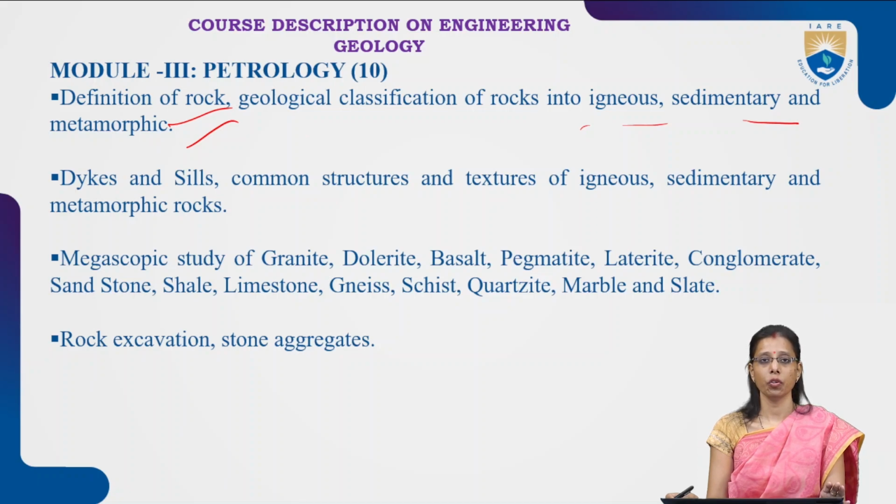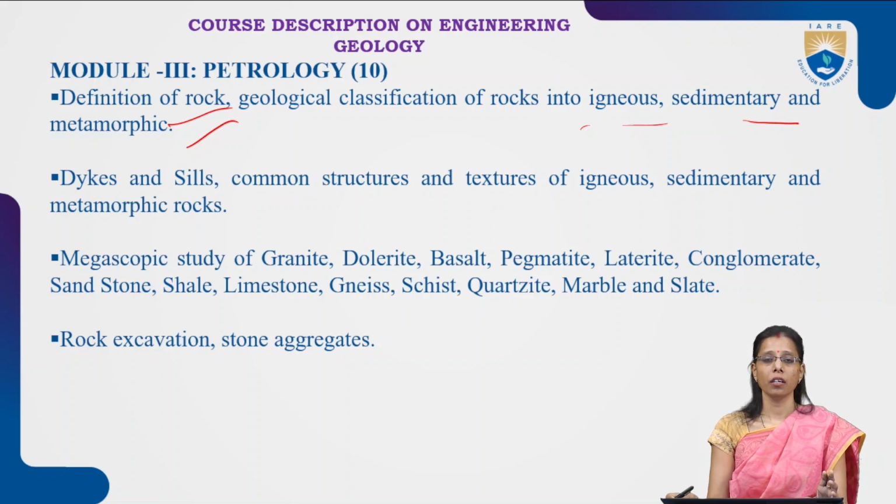Igneous rocks are the rocks formed from volcanic eruption. Whenever a volcanic eruption occurs, the lava, the molten material which comes out from the volcanoes, when it cools down, becomes igneous rock.